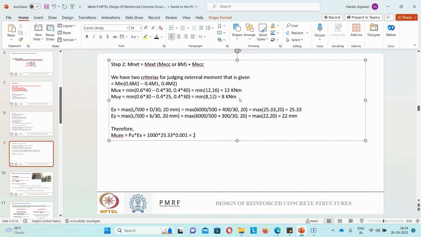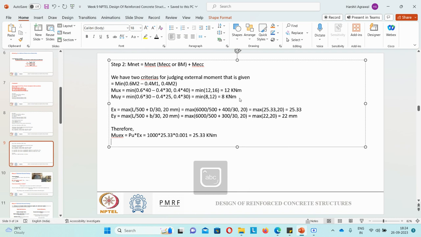So this value will come out to be 25.33 kilonewton meter. And MU due to external eccentricity along the y direction will be the design load into the eccentricity along y, which is 1000 into 22 into 0.001. So it will be 22 kilonewton meter.